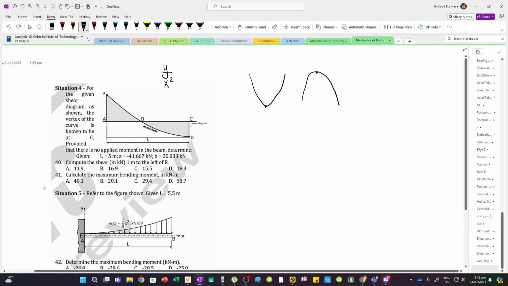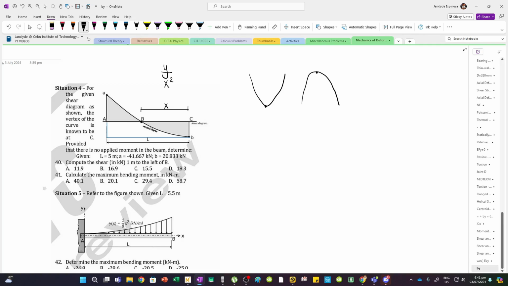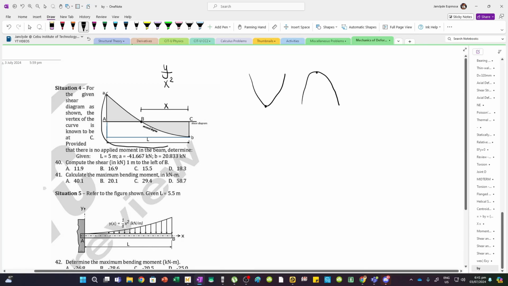Next, we first have to compute this distance where the shear value becomes 0. Let's label this as x. By ratio and proportion, let's first consider this whole spandrel. We have A equal to 41.667, and then B is 20.833.